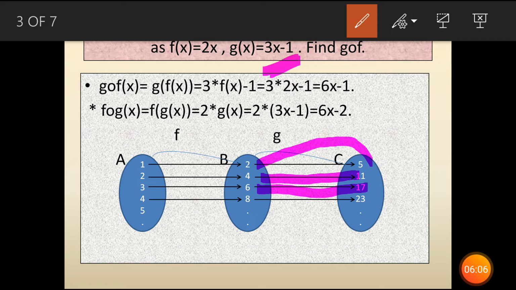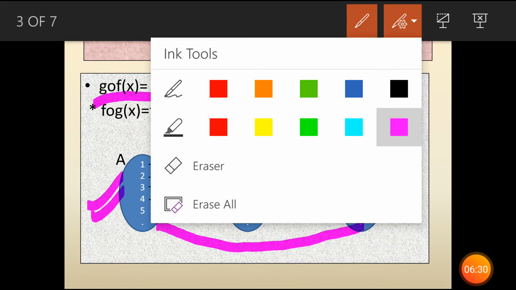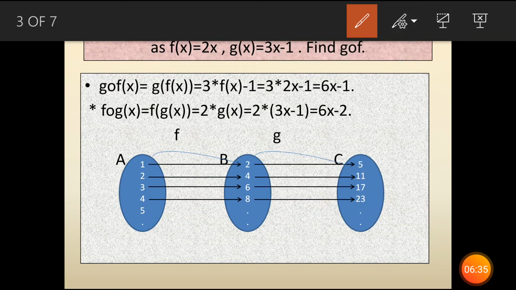Now we can see it with the help of this definition, gof of x equals 6x minus 1. As you know, gof is a function from A to C, so the domain is A. It means x will take the values 1, 2, 3, 4. If we put 1, then 6 into 1 minus 1 gives us 5, so the image of 1 is 5.